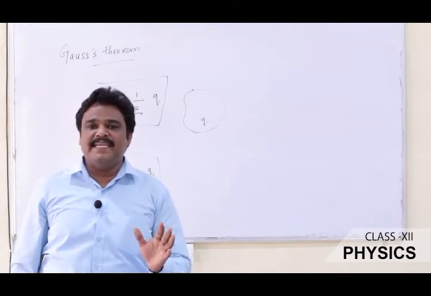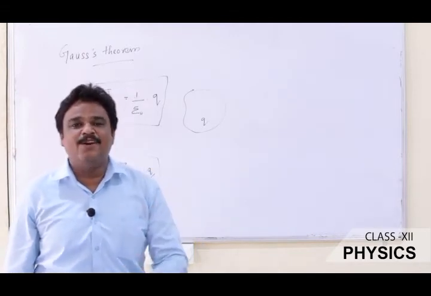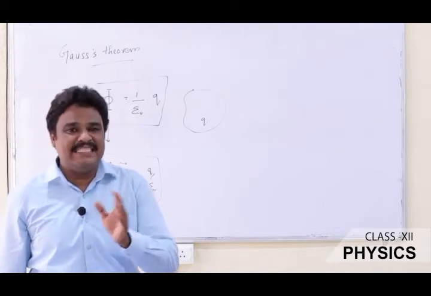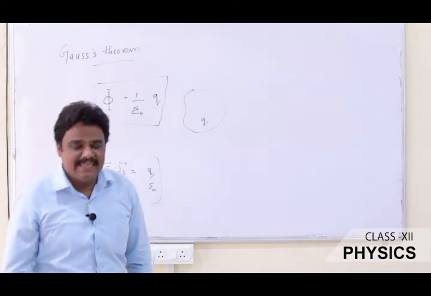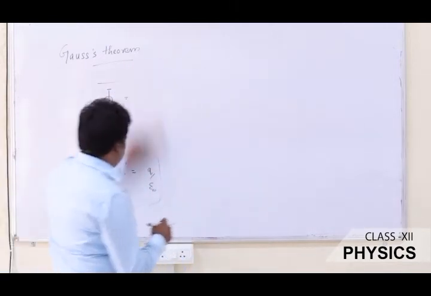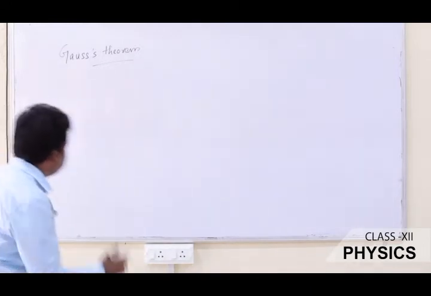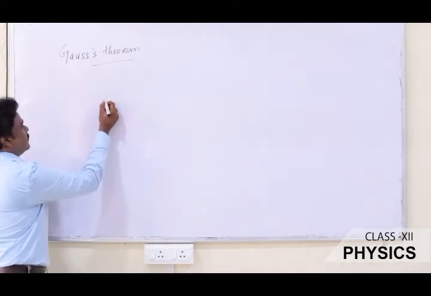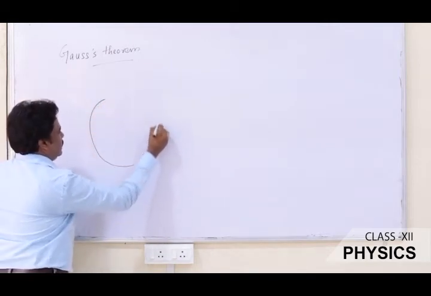So what does Gauss theorem state? The total flux linked with a surface enclosing a charge Q is equal to 1 by epsilon naught times the magnitude of charge enclosed. Now I am going to prove this. To prove this, I am going to assume a sphere.